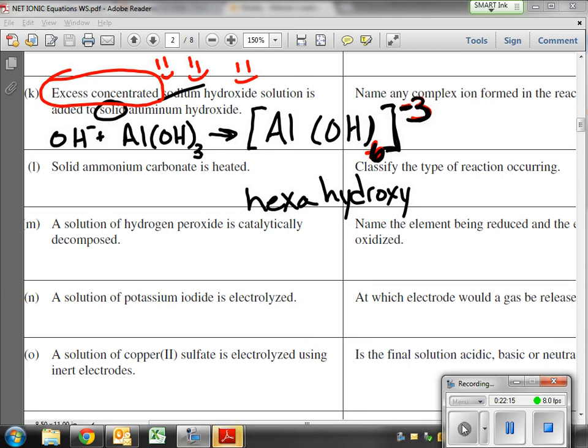The Latin name of the metal, and then ate. So this would be hexahydroxyl aluminate, would be the name of this complex ion. Again, if I'm wrong, if I lead you astray, I'm sorry that I'm not sorry.